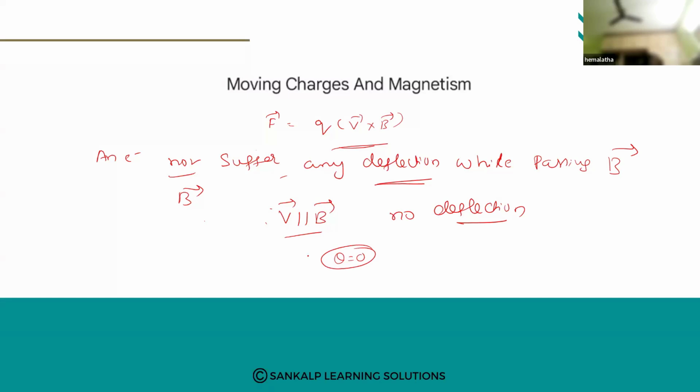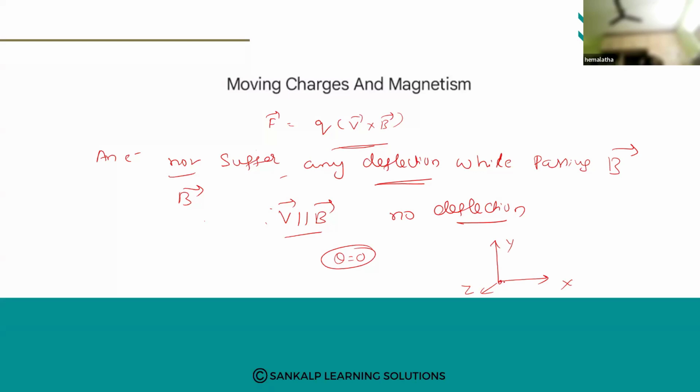Next one: almost all the questions they will ask are based on this one only. Direction of the magnetic field towards the positive. Remember the directions of the proton: there is a positive x axis, a positive y axis, and then the z axis.